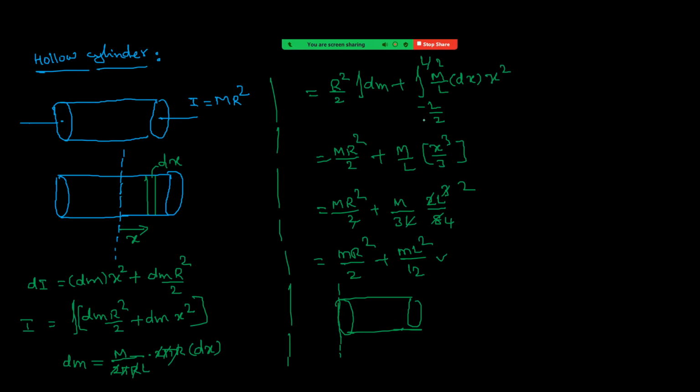Instead of taking minus L by 2 to L by 2, we take 0 to L. Okay. That means here you can guess the answer directly. I equal to mr square by 2 plus ml square by 3. Okay. That is about the hollow cylinder.